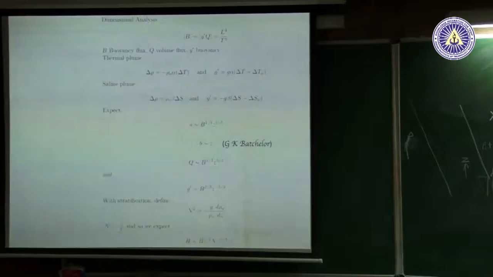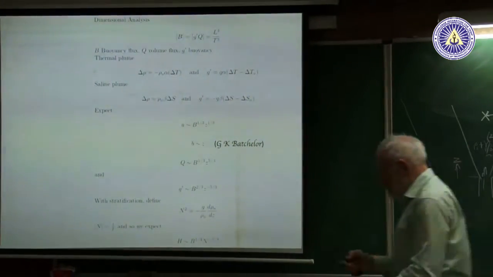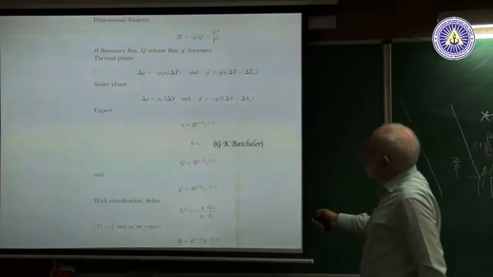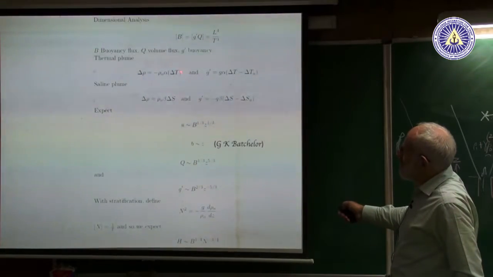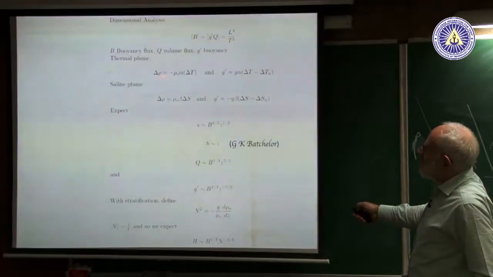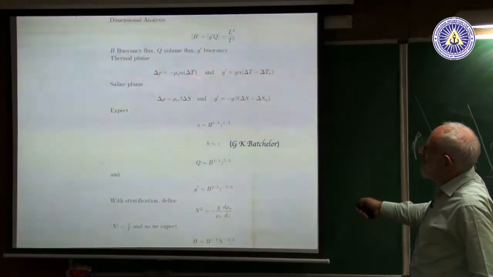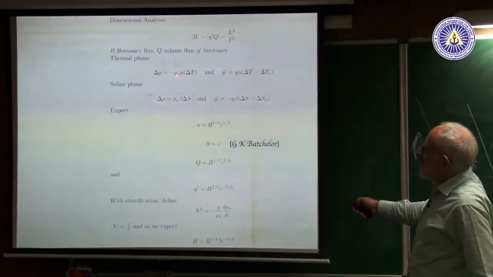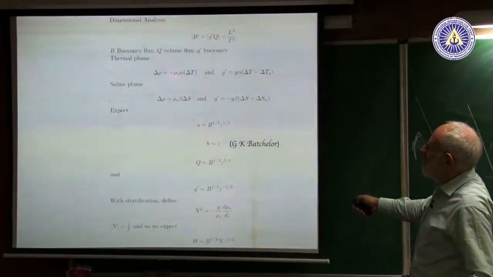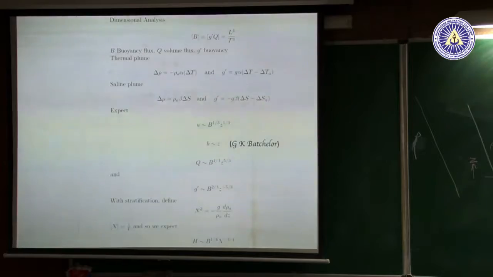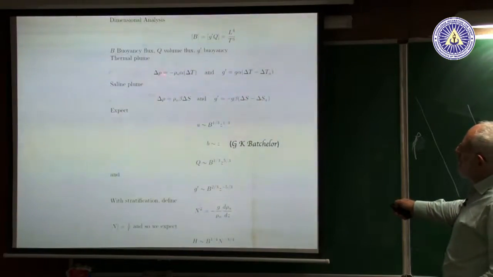Now, if it's a thermal plume, i.e. its density difference is due to just temperature, then the relationship between the density difference and the temperature difference is given by this coefficient of thermal expansion alpha, and there's a minus there because as you heat it up, it gets lighter.